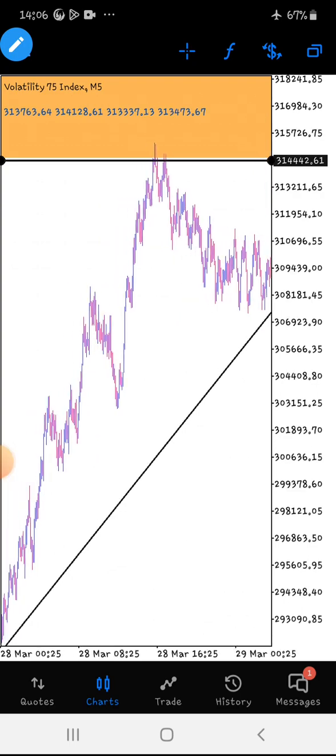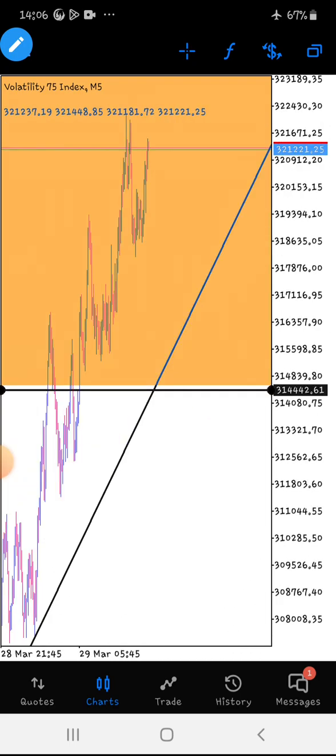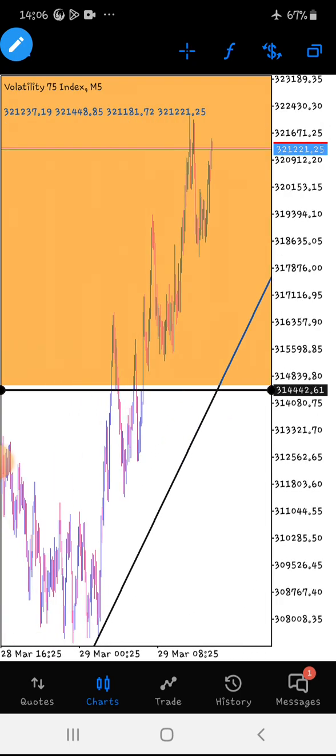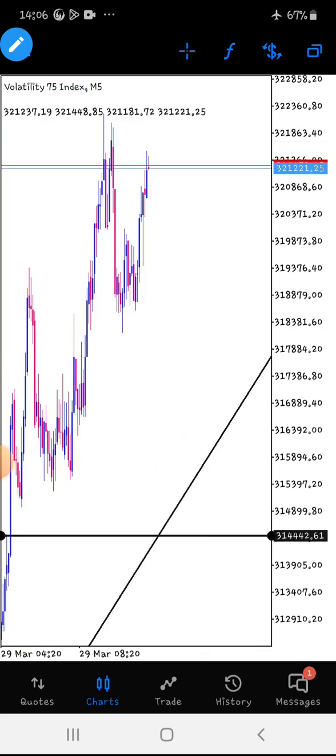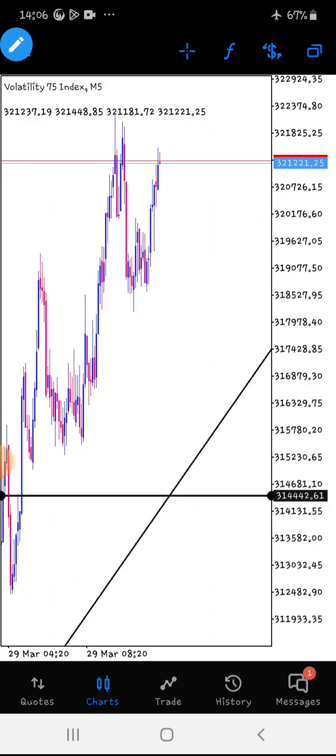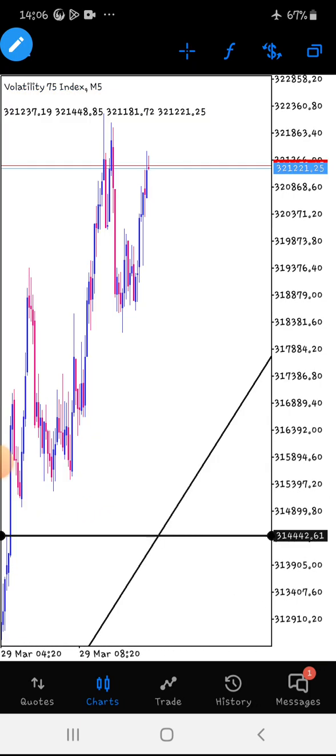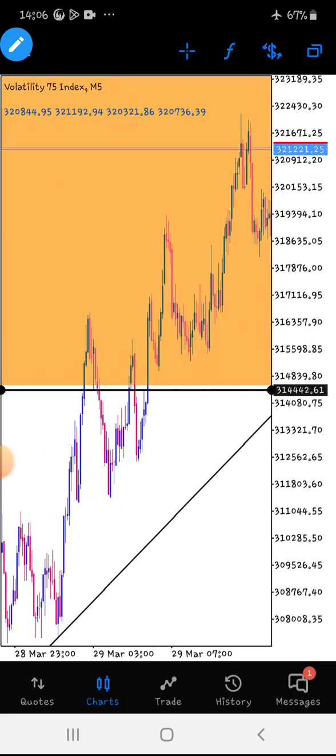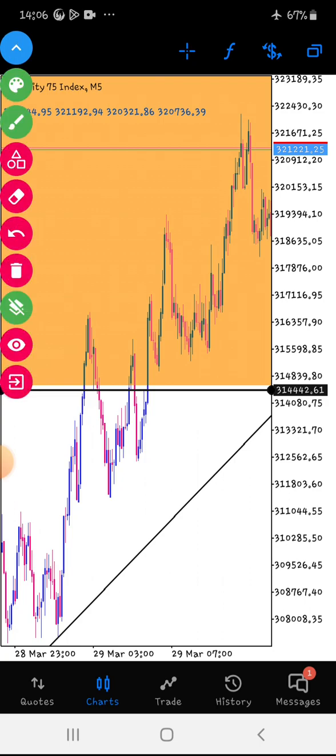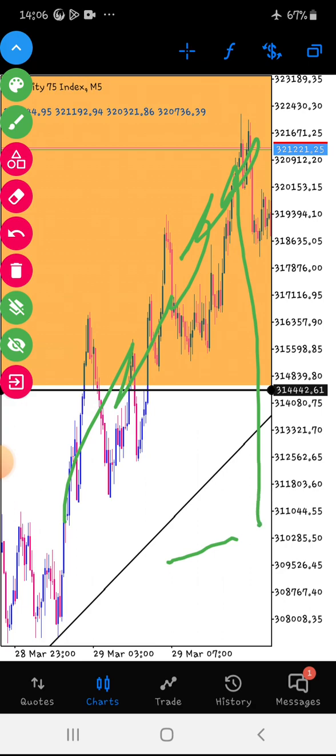So we have finished that. We keep waiting on minute 5. We wait for the market to do whatever it does, and then come and break. After breaking, we will take our entry.